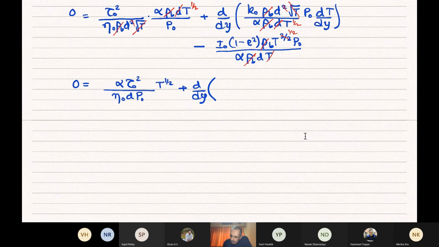Here we have K0 d P0 at the top, and at the bottom we have alpha and t raised to the power.